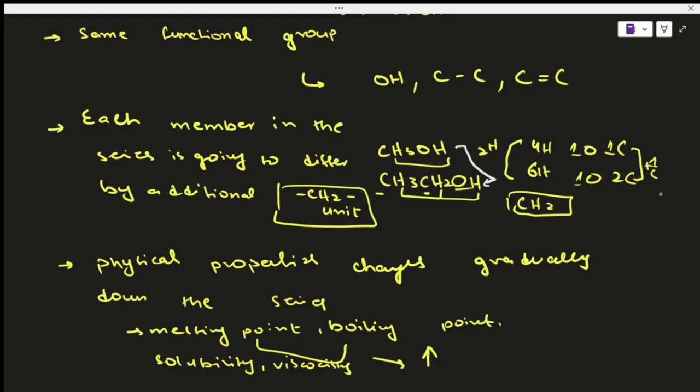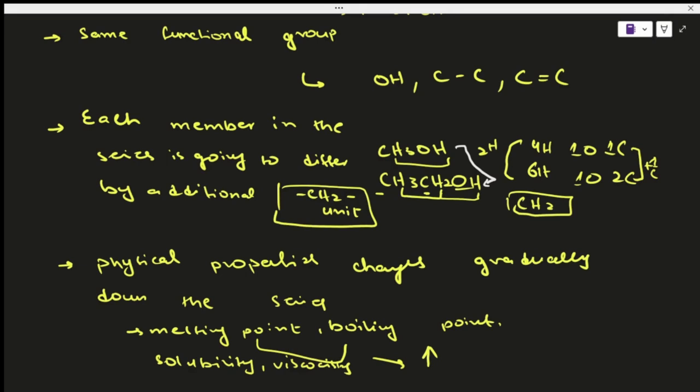We'll get into solubility and viscosity when we go into physical properties, but this is the general idea of the homologous series. That is what you need to keep in mind. They will ask you to tell some characteristics of the homologous series of alcohols, or of alkanes or alkenes.